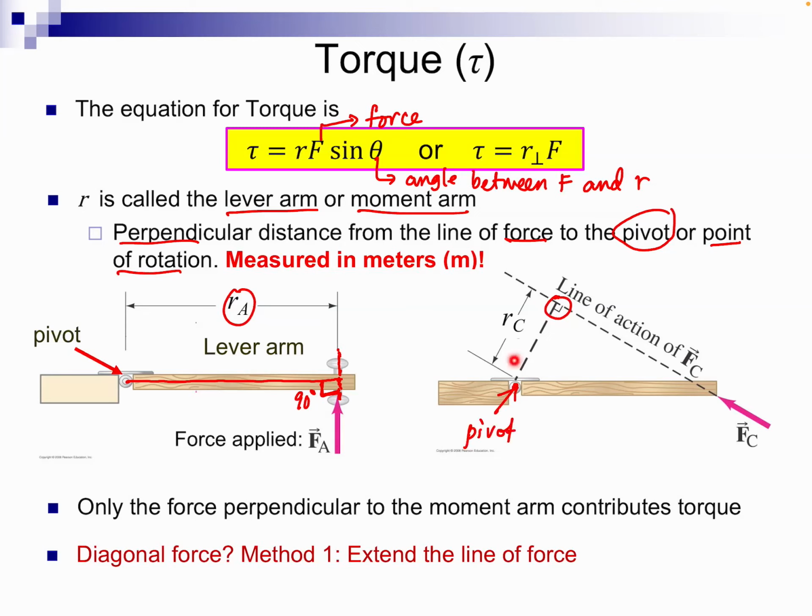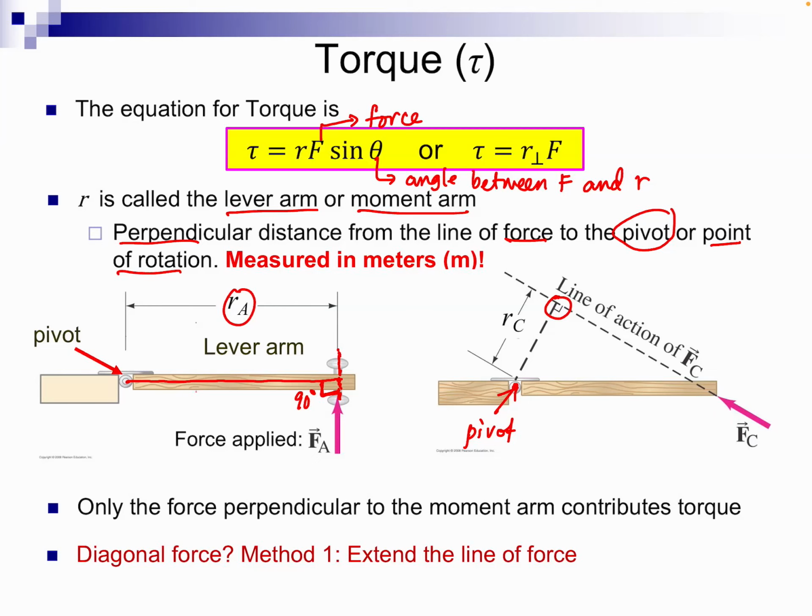So this line defines the lever arm or moment arm. Okay. Right. So that's one way of determining the moment arm when the force is diagonal.